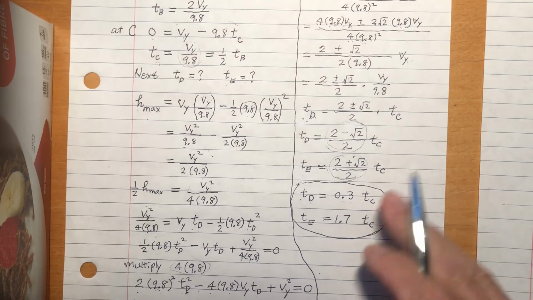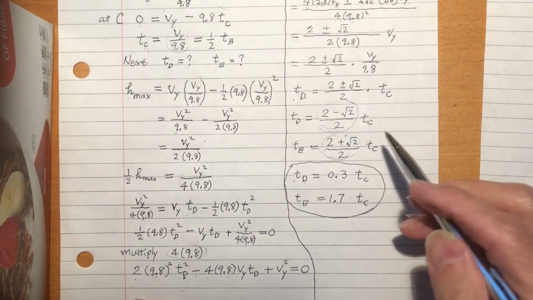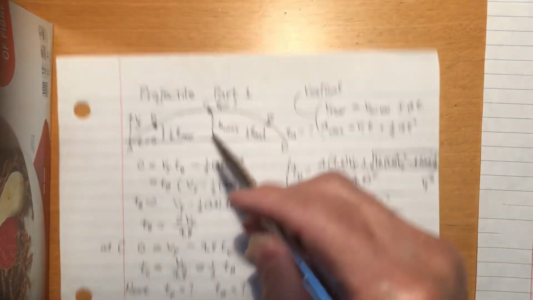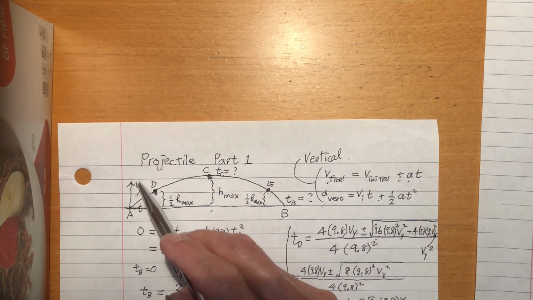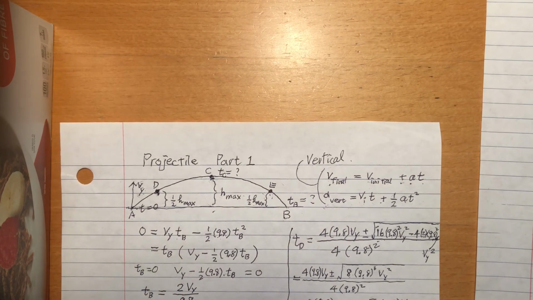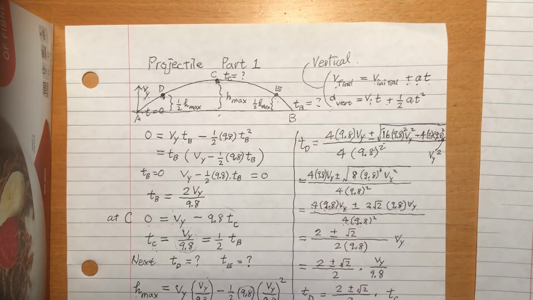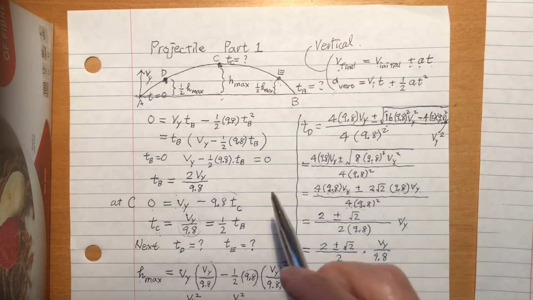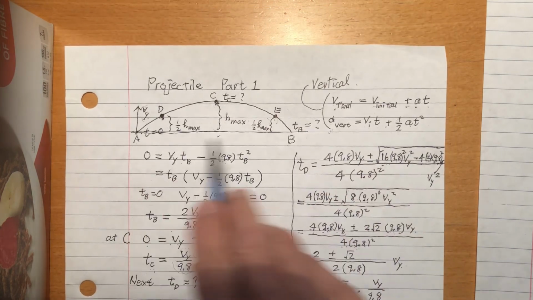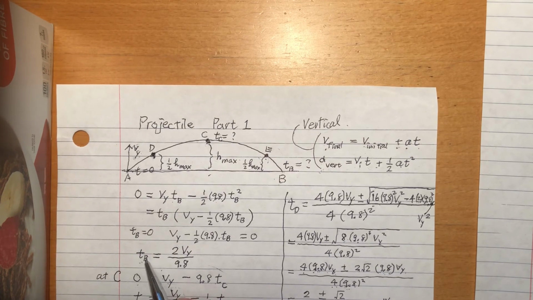Finally, for part 1, I want to conclude part 1. Let's have a special number for the vertical velocity at the beginning. Let's say this Vy is 9.8. Why do I want to choose that special value? Because, look, the time to reach B is 2 Vy over 9.8.